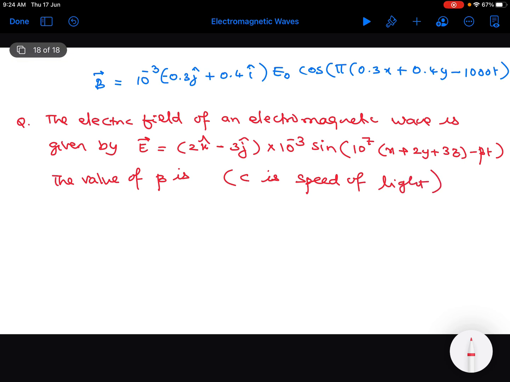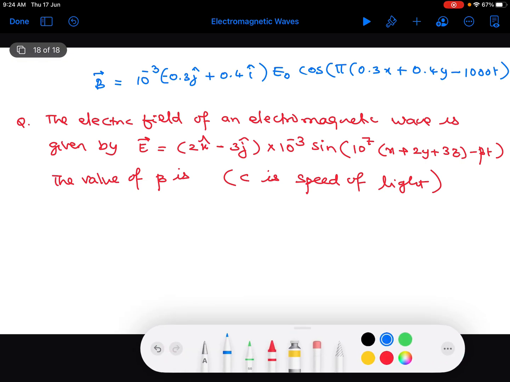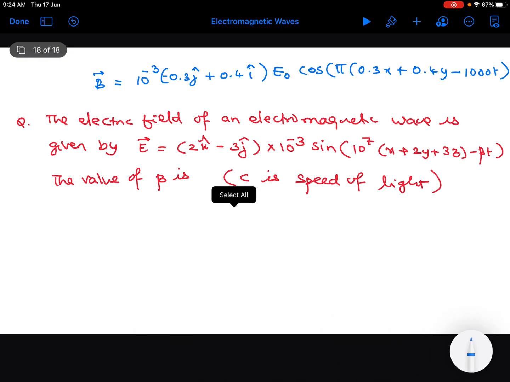So what is the question? We need to find the value of beta. We compare with our electric field, which is in the form of sine of k dot r minus omega t.